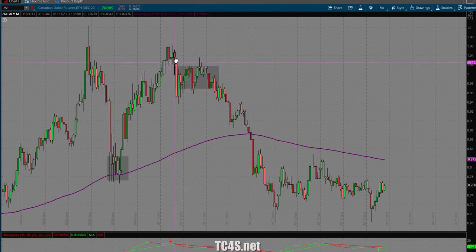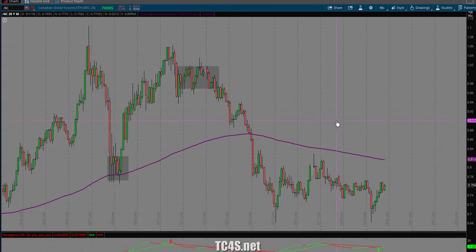So we won't always see these key turning points. Sometimes the market will reverse sharply where we don't have that sideways or consolidation price action, accumulation or distribution, but we typically can see that when we drill down to the lower time frames.